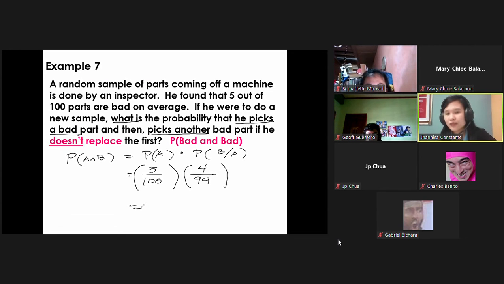So we have 5 times 4, which is equal to 20, over 100 times 99, which is equal to 9,900. Or we have 1 over 495.